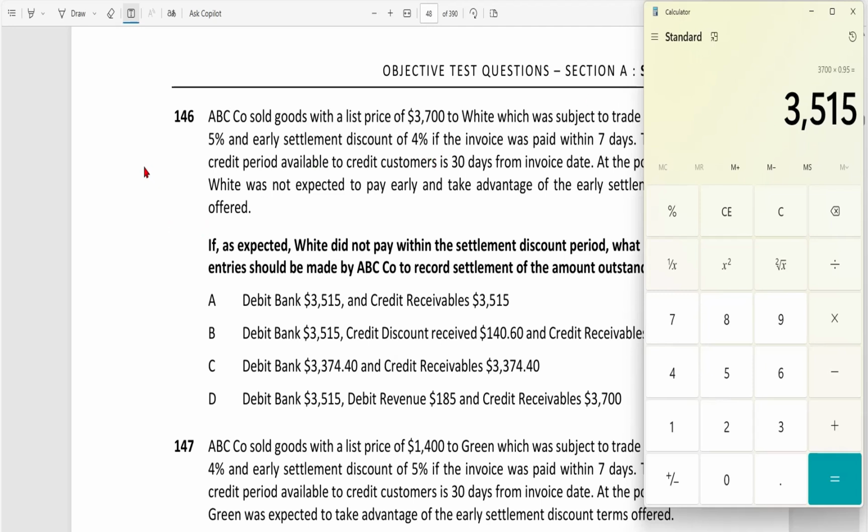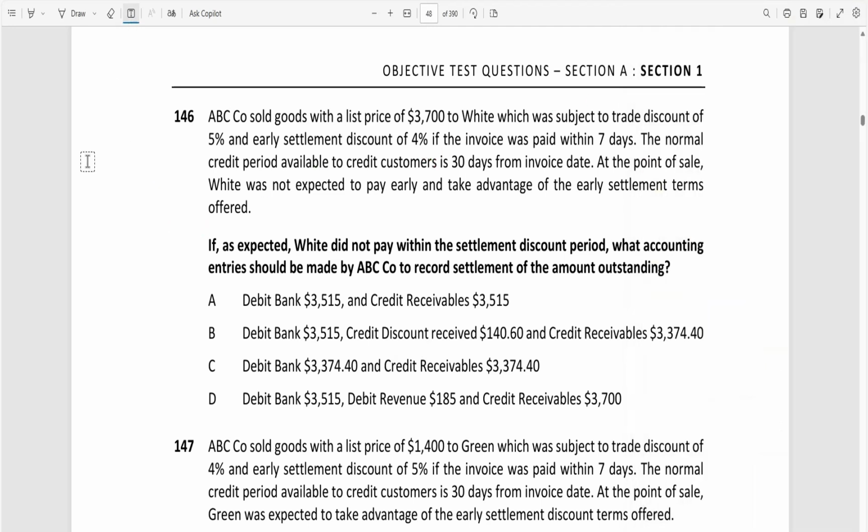So now we will book the transaction: debit receivable 3515, and credit sales 3515, right? Now as expected, the customer did not take the discount, so the customer has to pay the full receivable balance. So debit will be the bank, and on the credit part will be the receivable, and the amount will be the same. So option A seems to fit here, right?